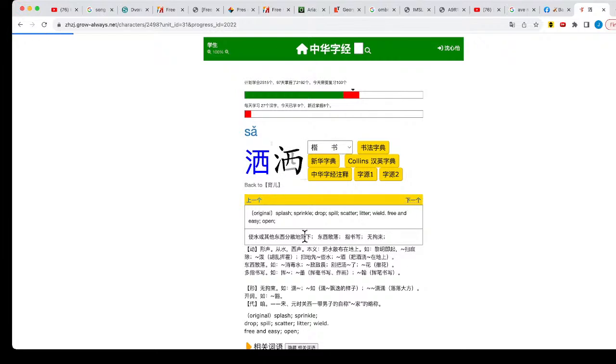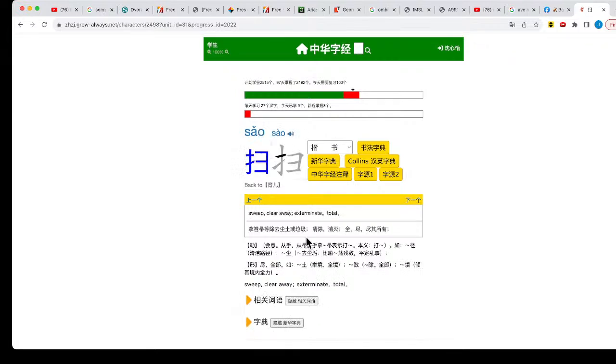Next one, 扫. 扫 means sweep, means clear away. Another meaning is exterminate.